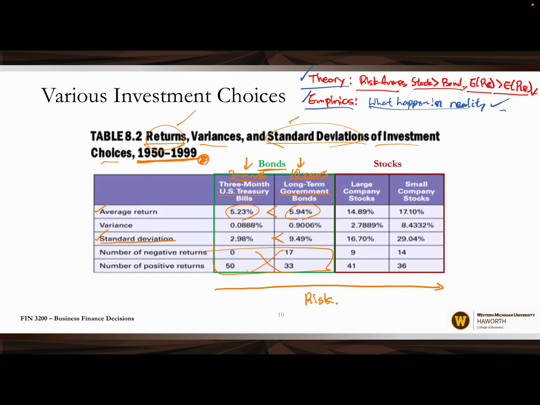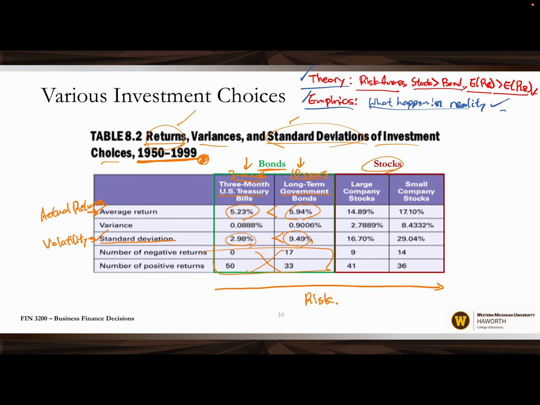Okay, so we want to look at the actual return in this column, and the volatility or risk in this row. Sorry. Okay, so we have these numbers, and we also have stocks on the right hand side, the last two columns.